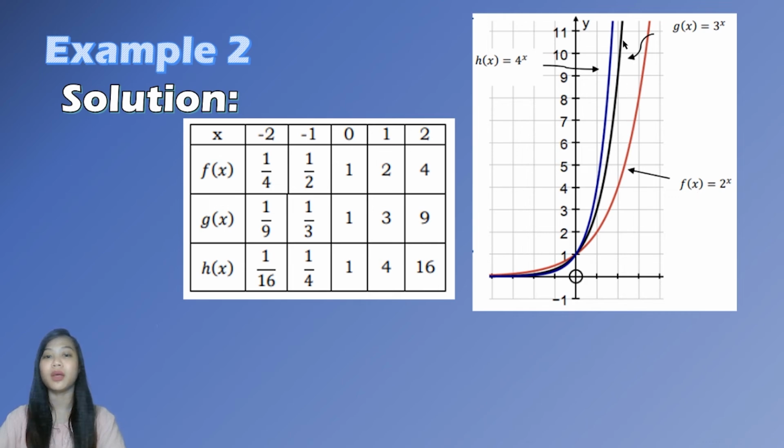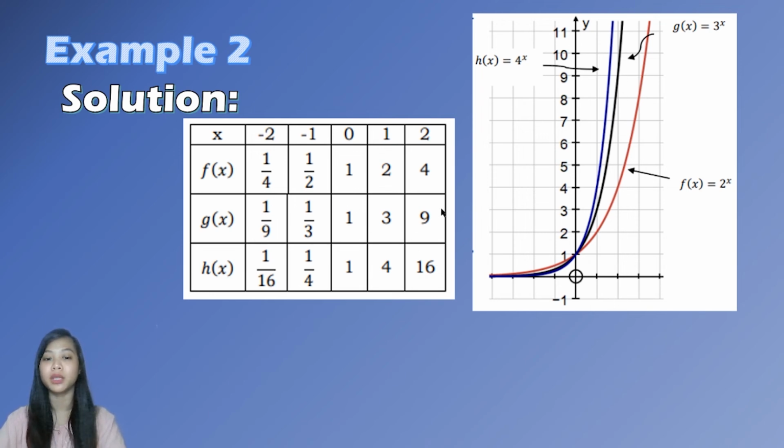And when we plot the function g of x, we will have this smooth black curve. So we have negative 2, 1 over 9. It's just like they coincide with the blue curve, but when we zoom this graph, we can see that those points are plotted.